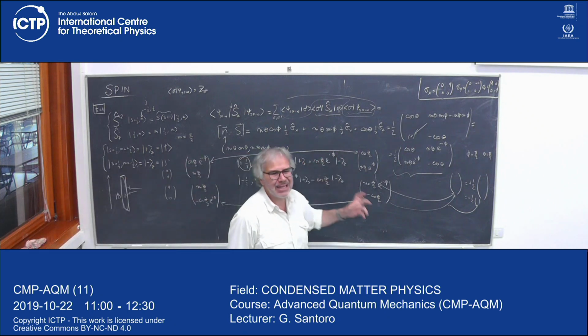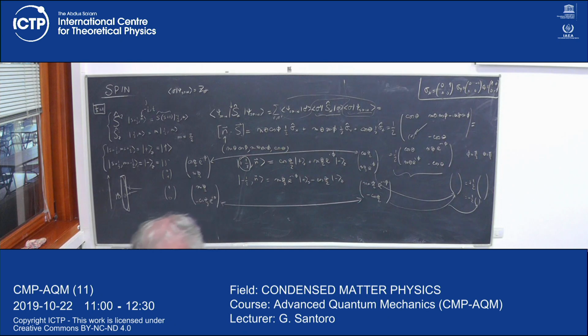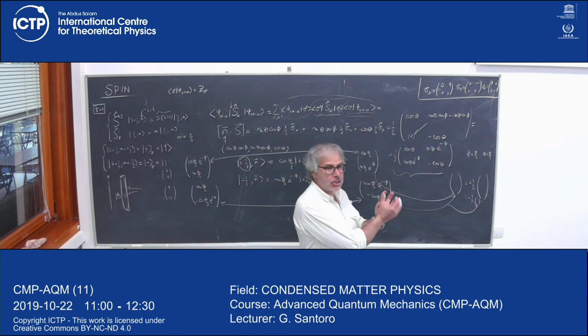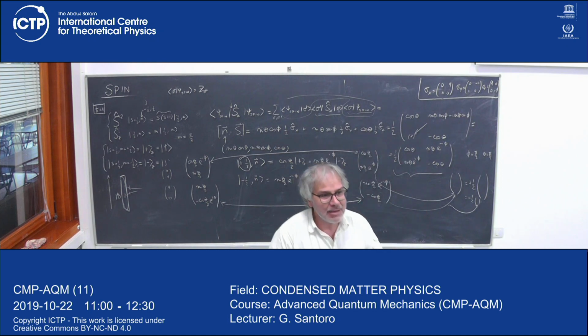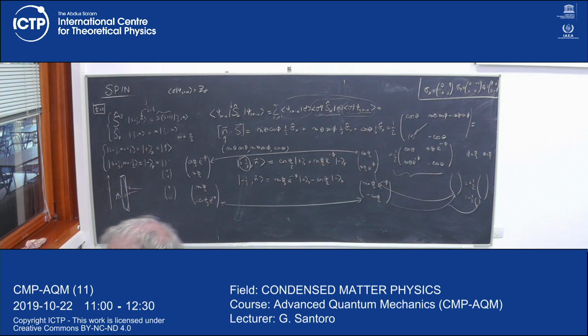Now you might think that this is just a little game, but I can assure you that this is one of the roots of topological insulators. Believe it or not, the fact that there is no unique representation of the spinor wave function that is good everywhere is in fact at the basis of the fact that the Haldane model has a non-trivial topological phase. Believe it or not.